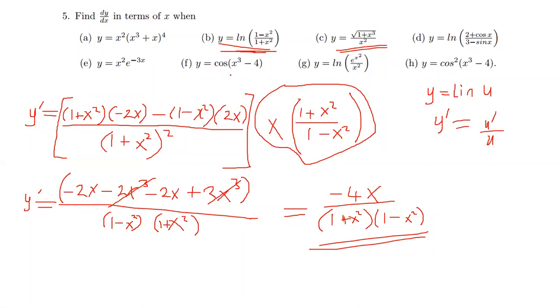So we got the derivative of this u and then divide by the same u. The division is just the same as multiplying with the reciprocal of what is in the bracket. So that's what we mean.